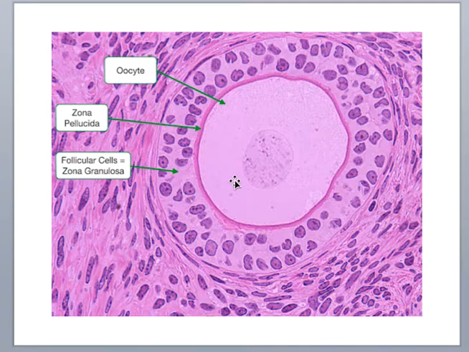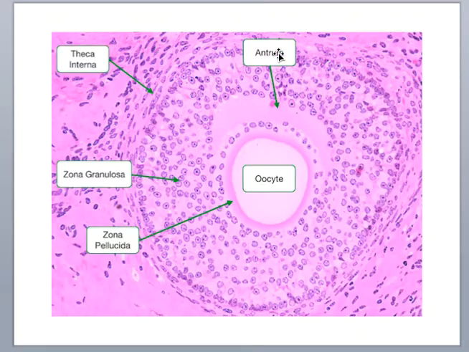That's where the acrosome comes in. The acrosome contains those hydrolytic enzymes that have to bore through the zona pellucida. Now there are multiple layers of follicular cells, but this is still primary because we don't see an antrum yet. So this entire structure is a primary follicle of the ovary.